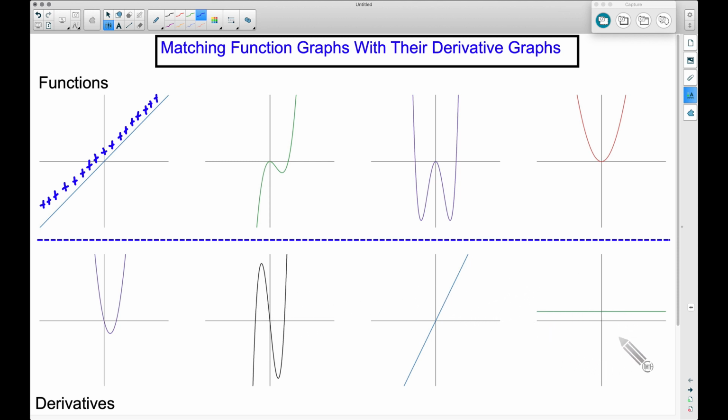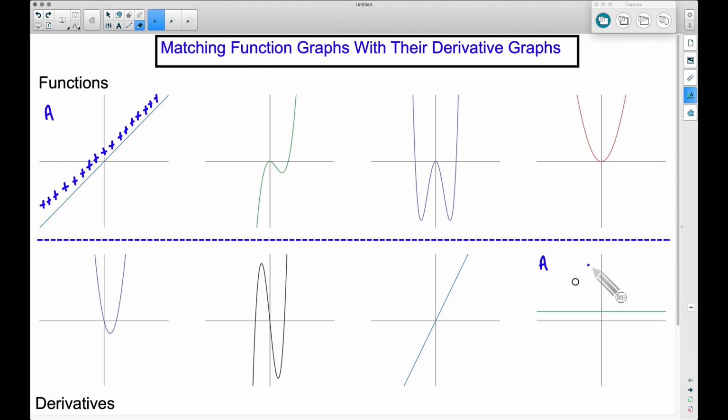Right here we have a horizontal line above the x-axis, which implies all of the y values on this horizontal line are positive. This is going to be the derivative graph of this function. So if I call this function A, this derivative graph will match with this one here.